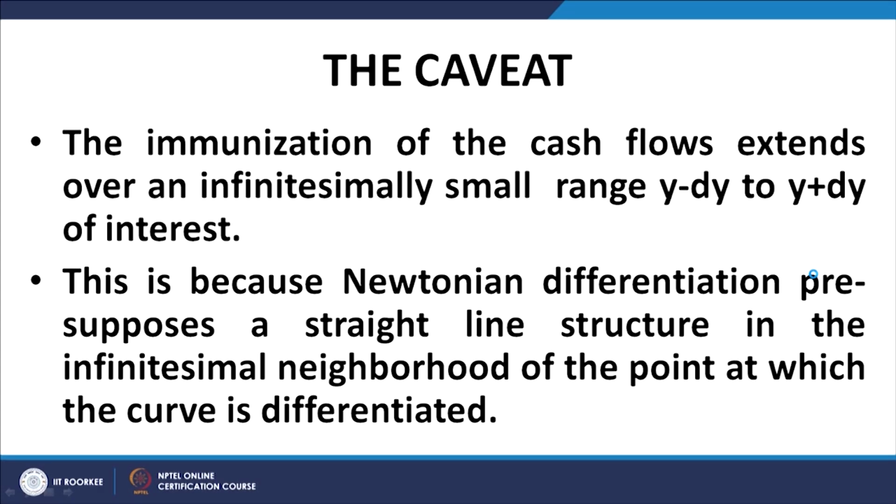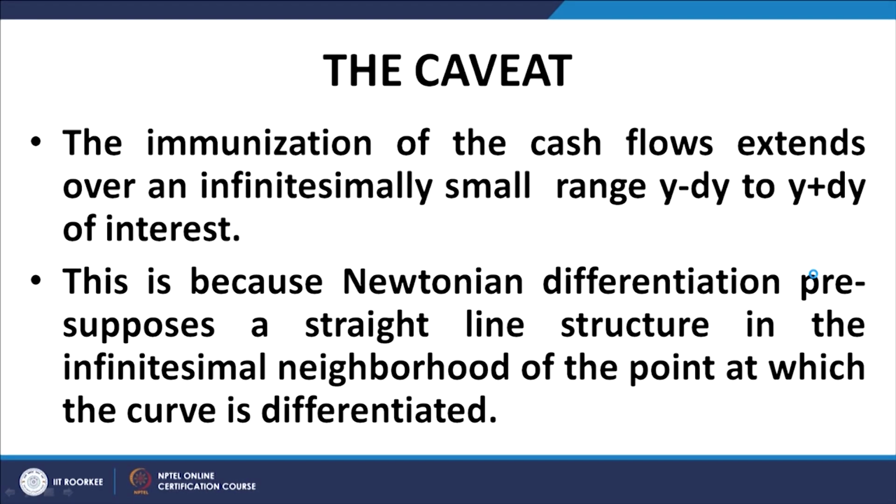So, the point is, we have assumed implicitly when we calculated the Newtonian derivative that around y0 the curve is a straight line, and as long as our approximation of the curve by a straight line is good enough, this immunization will hold.